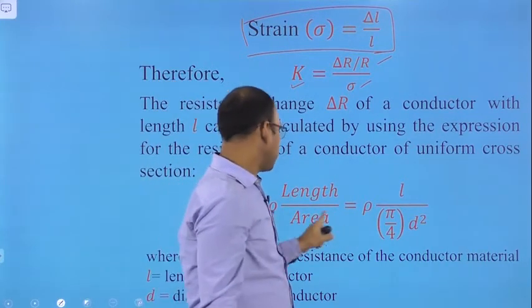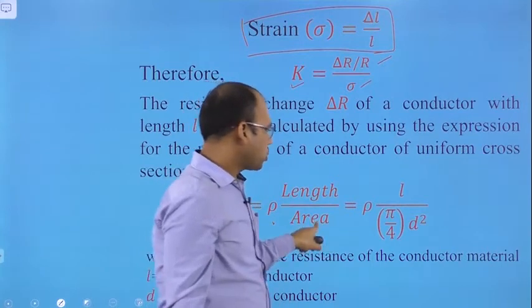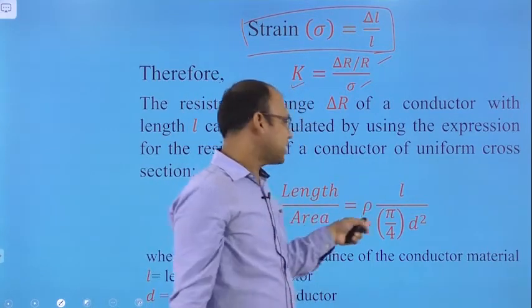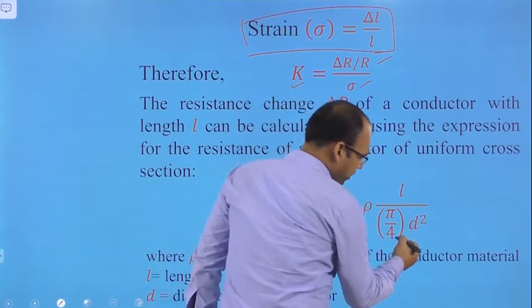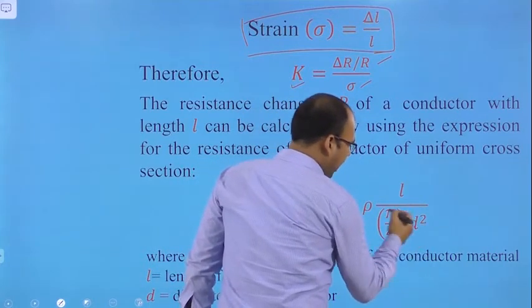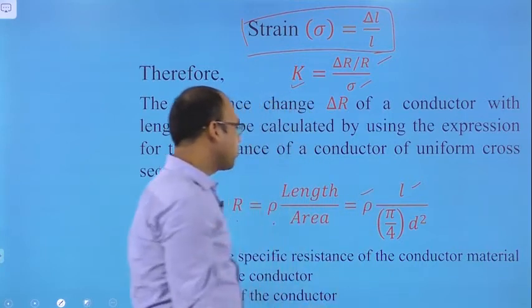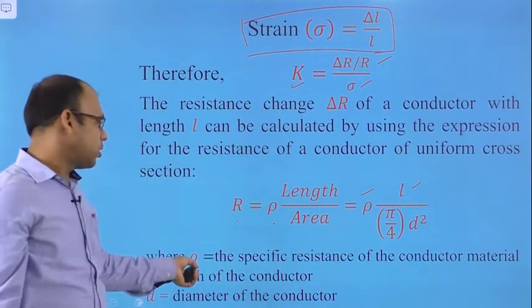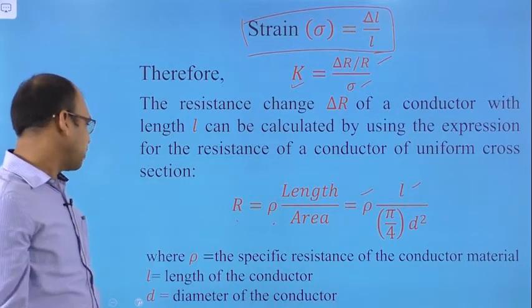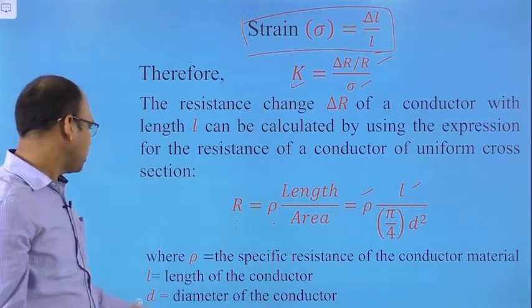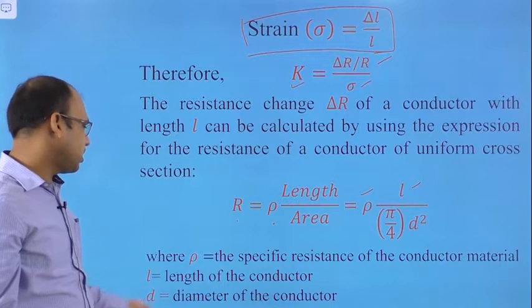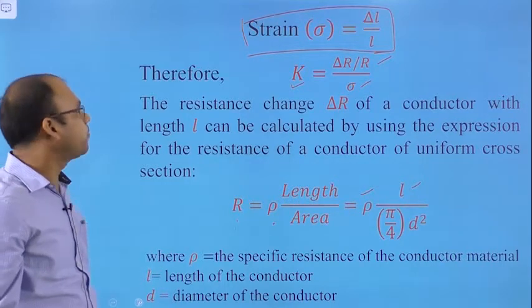This area changes. The area of the conductor is given by pi by 4 d square, and R is rho L divided by the area. From this formula, rho is the specific resistance of the conductor material, that is resistivity, L is the length of the conductor, and d is the diameter of the conductor.